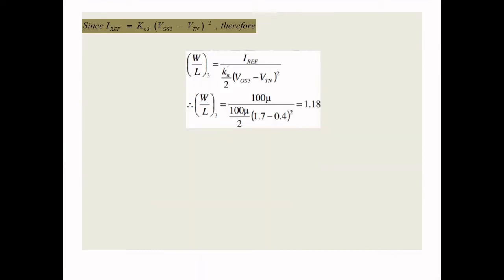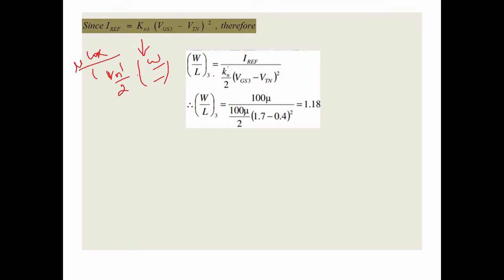Now I want to find it for the M3 transistor. We know that IREF equals Kn3 times VGS3 minus VTN whole square. When you rearrange, Kn3 is nothing but Kn dash by 2 times W by L. This is a basic formula: Kn dash is nothing but mu into COX.